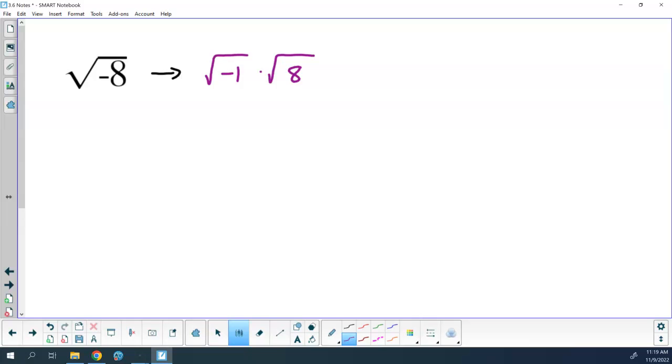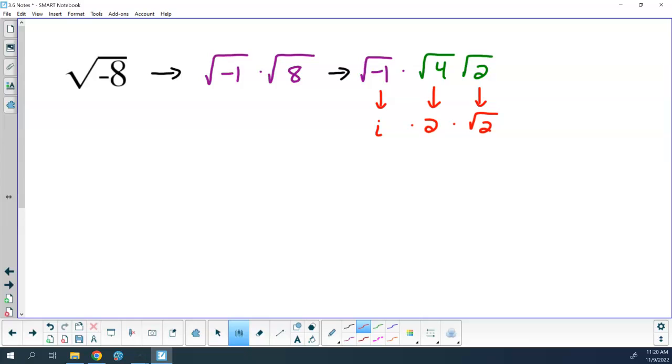So the square root of 8 is the square root of 4 times the square root of 2. So the square root of -1, that's i. The square root of 4, that's 2. And the square root of 2 is the square root of 2.